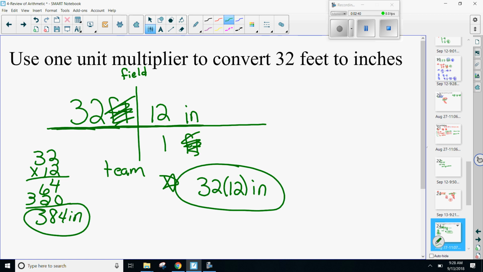And you think about it, inches are smaller units. If inches are smaller units, are you going to have more of them or less of them? More. It's as if saying that Milo's pretty short compared to Will, correct? And if I ask how many steps does it take to get to the back of the room, what are you going to tell me?